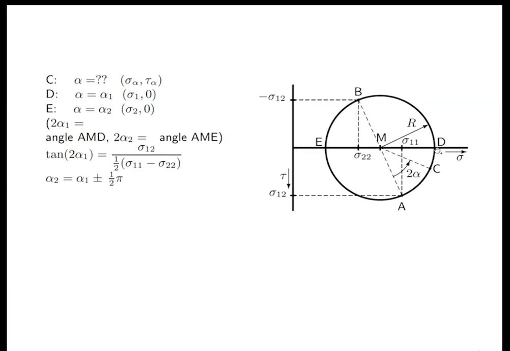What is point D? Point D is the maximum normal stress this circle experiences. You remember, maximum normal stress means it's an eigenvalue. It's the maximum eigenvalue. This is the minimum normal stress, so that is the minimum eigenvalue in this two-dimensional subspace. So point D on the circle gives you a graphical approximated value of the larger eigenvalue, and point E gives you the graphically observed value of the smaller eigenvalue.